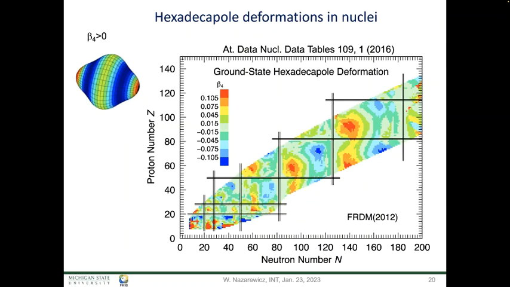And calculations like these ones here are based on, say, a macroscopic-microscopic model, so deformations are considered as degrees of freedom. So this deformation beta 4 here is really beta 4 Woods-Saxon, okay? Using the language of the previous talk. But you see that this general pattern is really confirmed by theory.